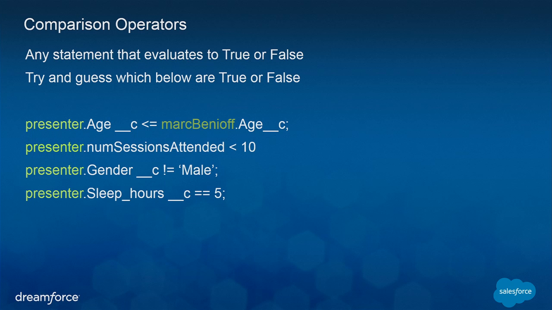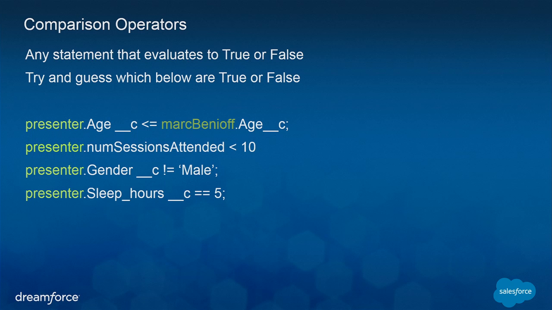So in this case, presenter is a variable, probably on an object in Salesforce. The reason I think so is because the __c indicates that we're pulling fields out of Salesforce, that we're referring to fields that we know of in Salesforce. So presenter could be a variable associated with a contact in my Salesforce database.